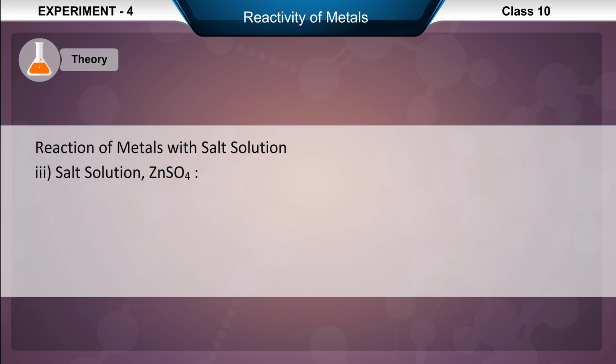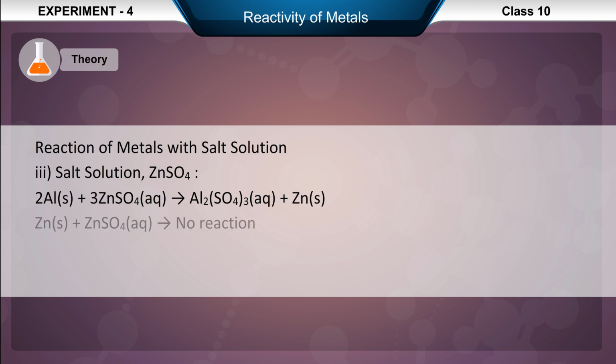3. Salt solution ZnSO4. 2Al in solid state plus 3ZnSO4 in aqueous state results in Al2(SO4)3 in aqueous state plus Zn in solid state.